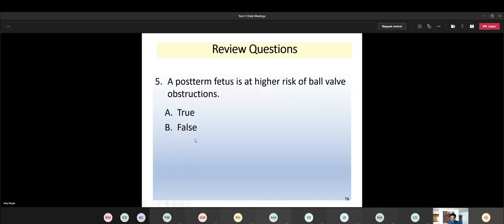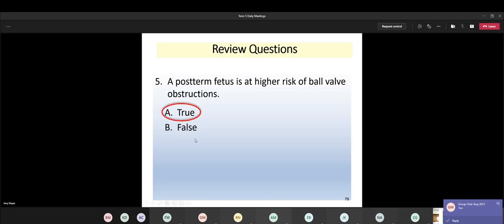All right. And is this true or false? Is this true?